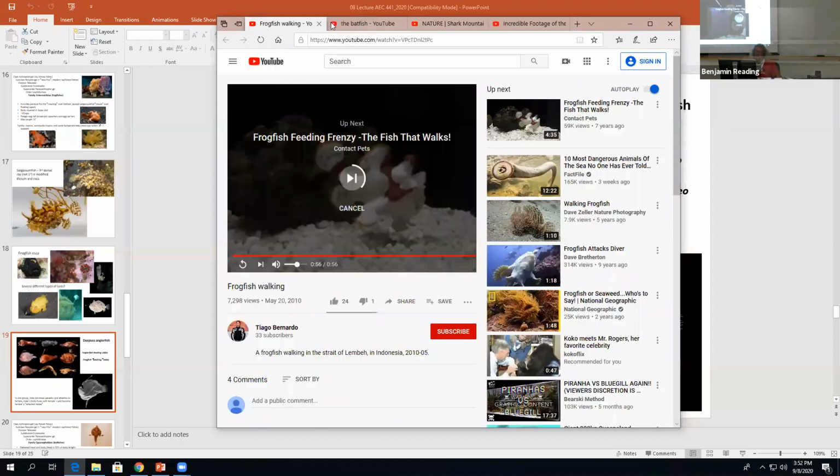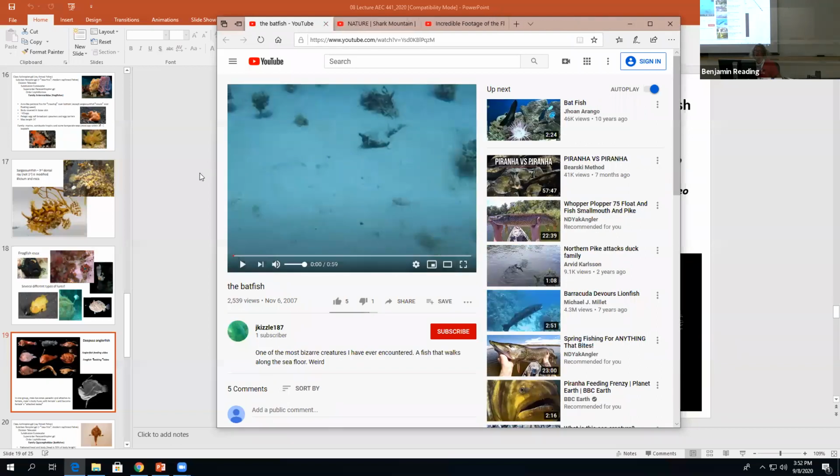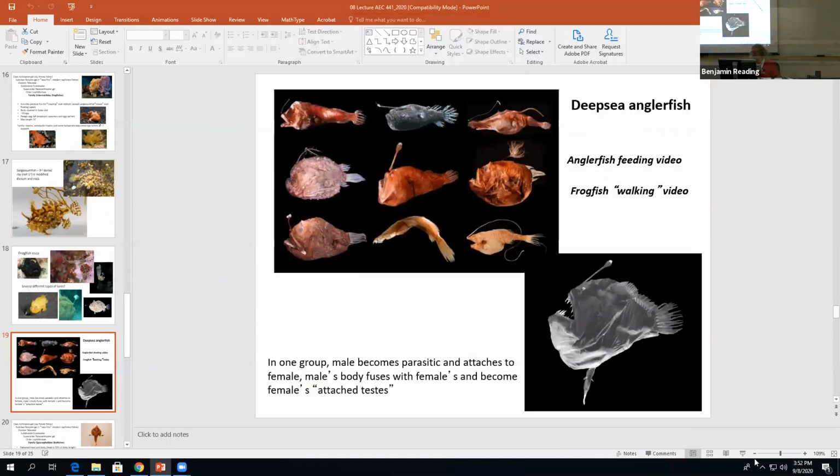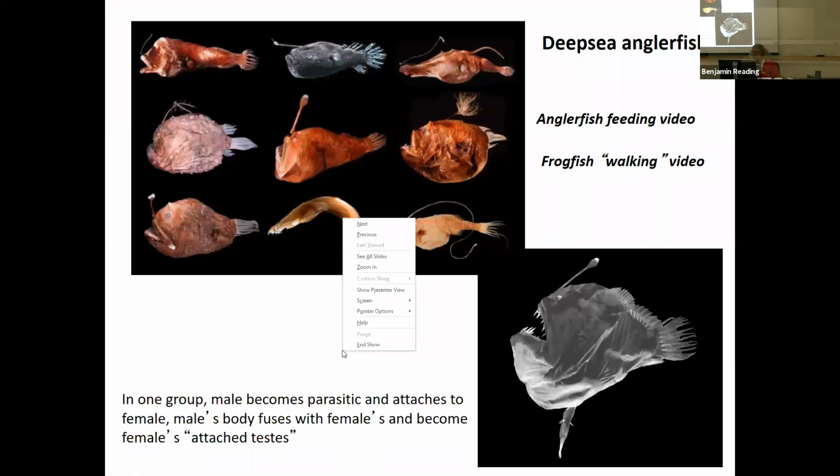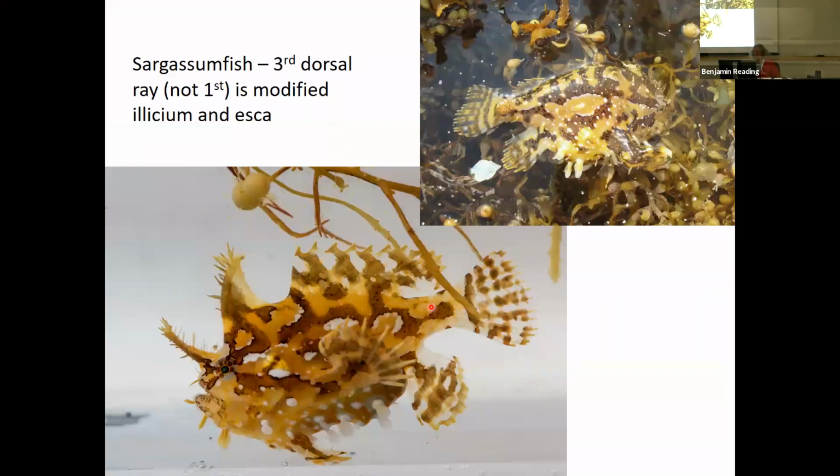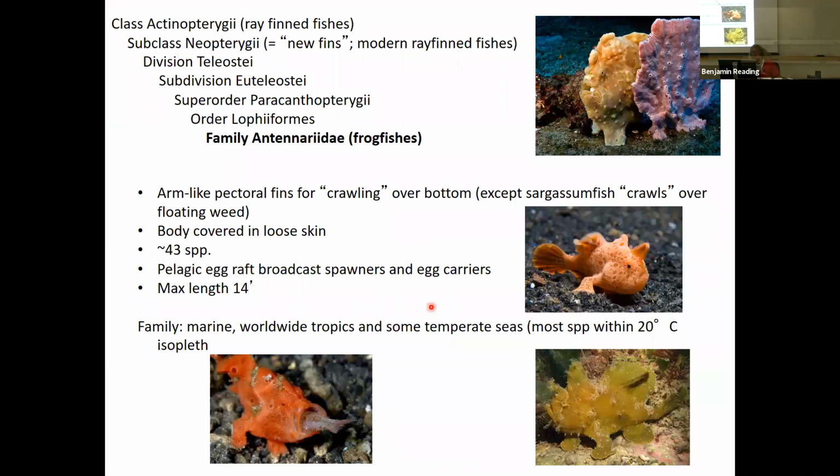So that is a frogfish walking. So very interesting group of fish. And so really the two main families are Antennariidae and then Lophiidae.